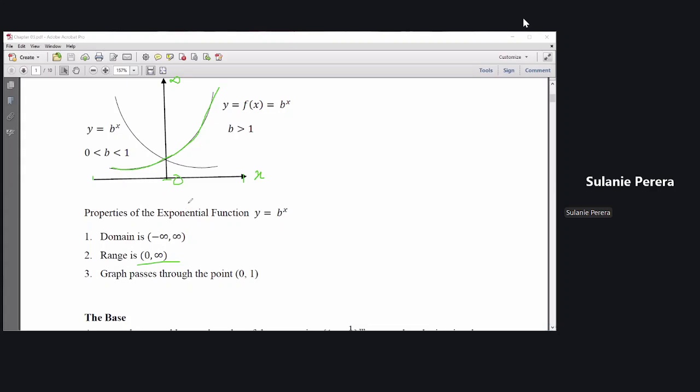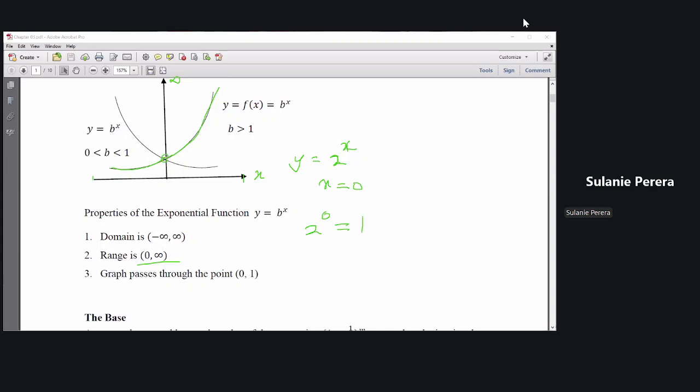And the graph always passes through the point (0, 1). For example, take y equals 2 to the power x. When x is 0, 2 to the power 0 is 1, since any number to the power 0 is 1.